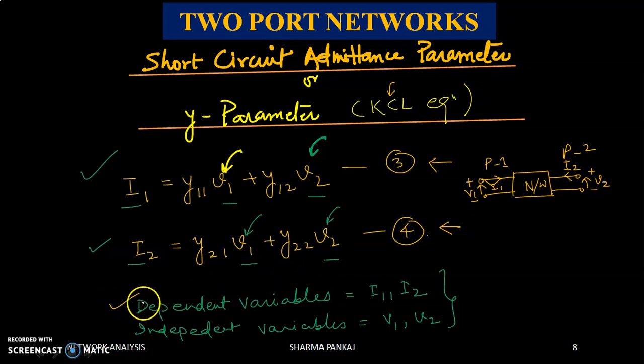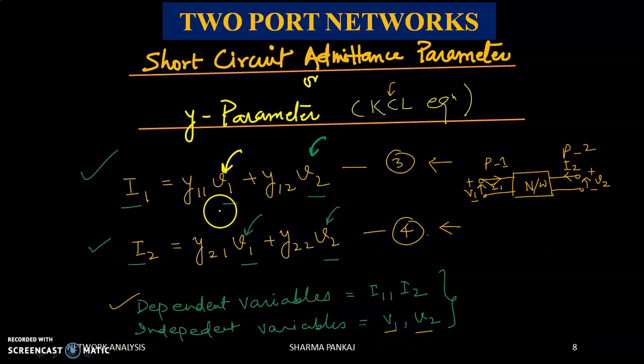I1 and I2 are dependent variables, because the value of I1 and I2 depends on the value of V1 and V2.